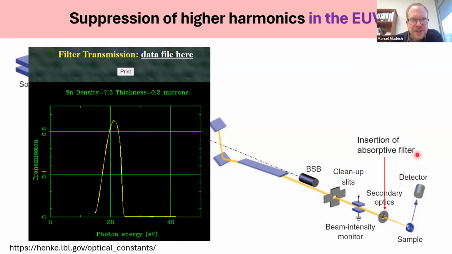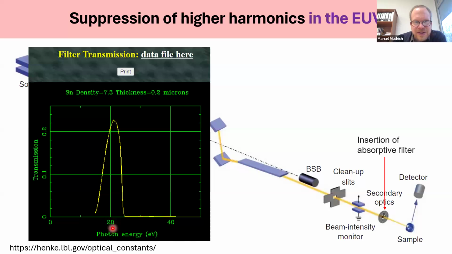There, the only way is brute force: suppressing higher harmonics by putting in some absorptive filter that would filter out the higher harmonics. And it so happens that, for example, for a fundamental photon energy of 20 eV, which is a photon energy that we like to use very much, because here we can excite helium atoms and helium nanodroplets resonantly, a thin tin foil of 200 nanometer thickness has a transmission window, which transmits some part of the beam, 20%, better than nothing.